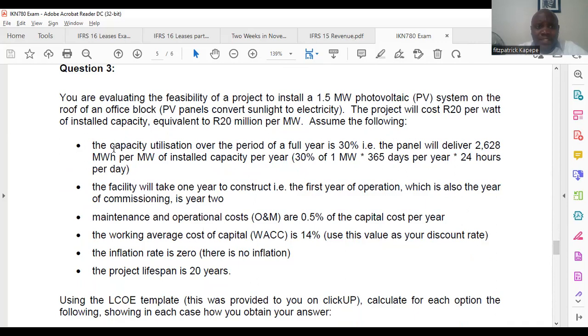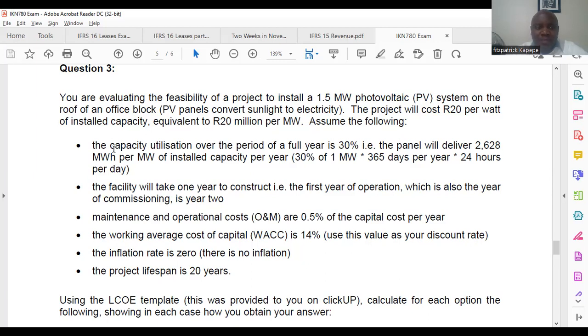So the question reads, you are evaluating the feasibility of a project to install a 1.5 megawatt photovoltaic system on the roof of an office block. PV panels convert sunlight to electricity. The project will cost 20 rands per watt of installed capacity, equivalent to 20 million per megawatt.